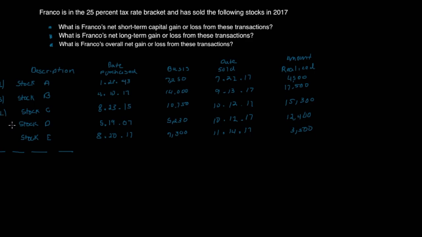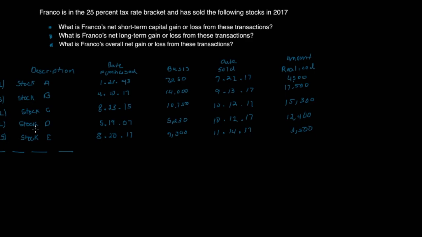Stock D, this one was purchased in 07 and sold in 17, so long as well. And then stock E, bought in 17, sold in 17, so we have a short.